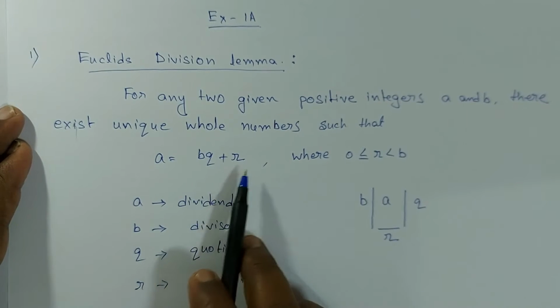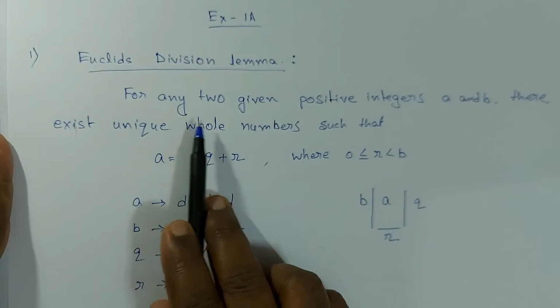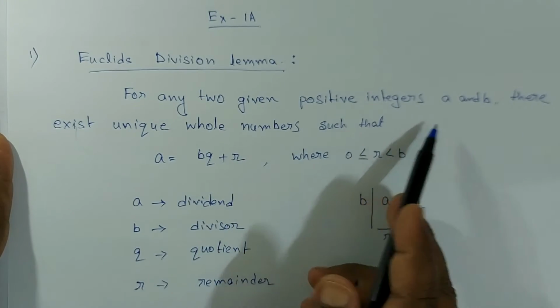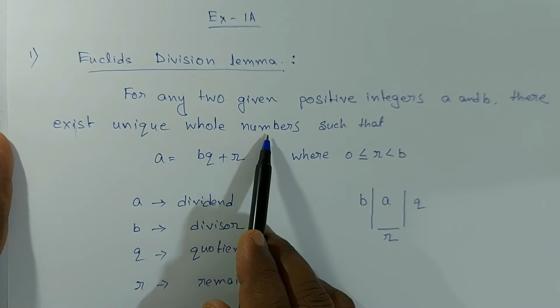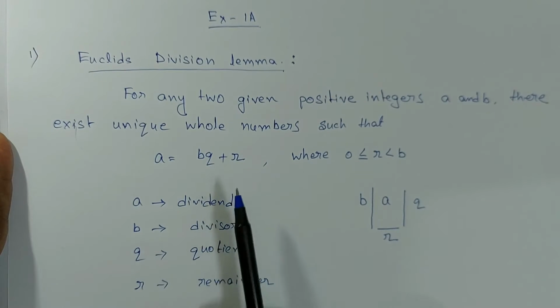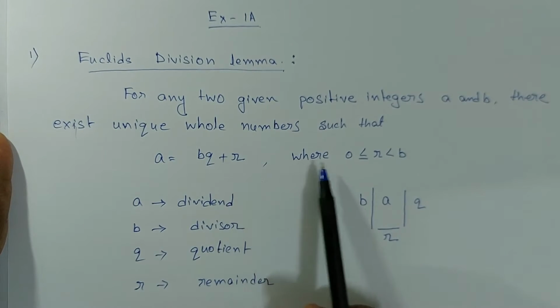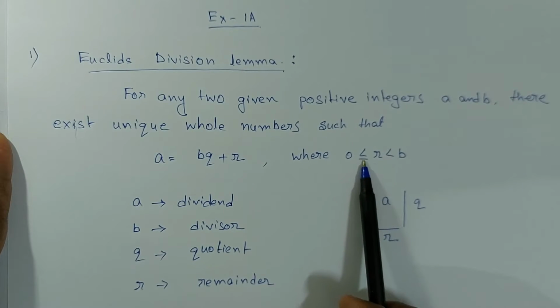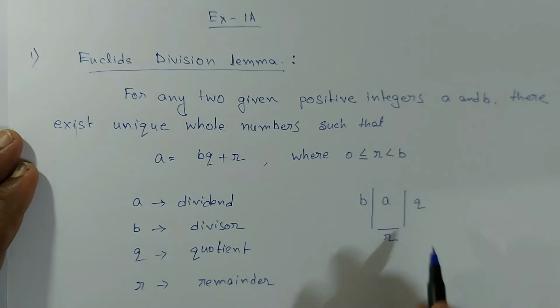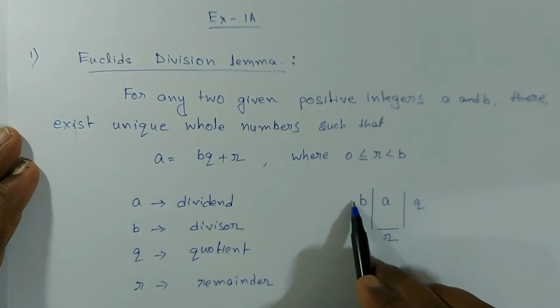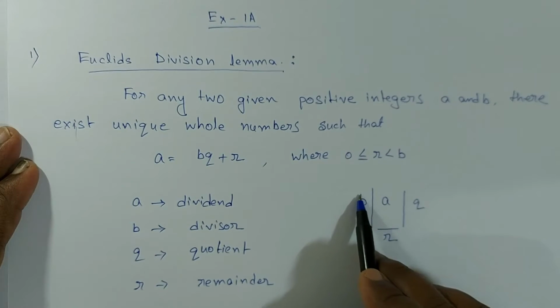So for any two given positive integers a and b, there exist unique whole numbers such that a equals bq plus r, where 0 is less than or equal to r, less than b. That means the remainder cannot be equal to or greater than the divisor.